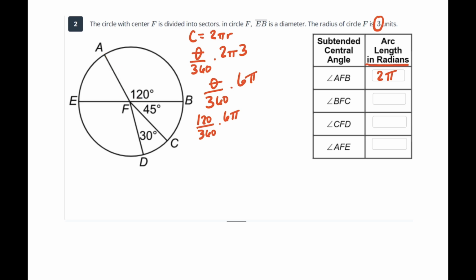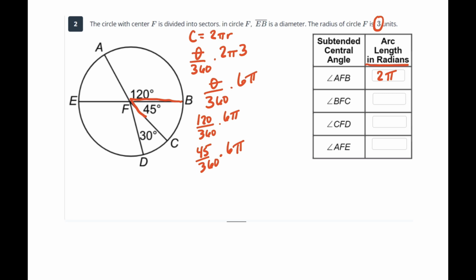For the next one, BFC, so BFC is this one. It's 45 over 360 times 6 pi. So in your calculator, don't calculate pi yet. So 45 times 6 divided by 360. You may get a decimal there.